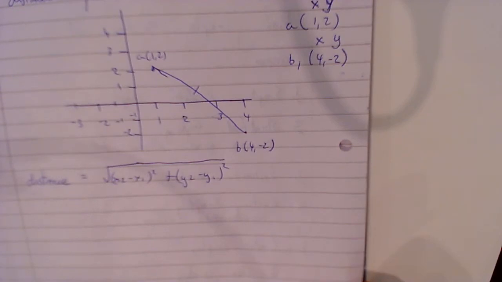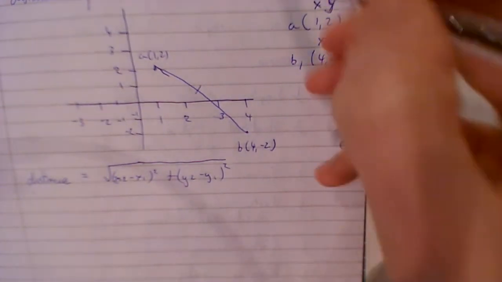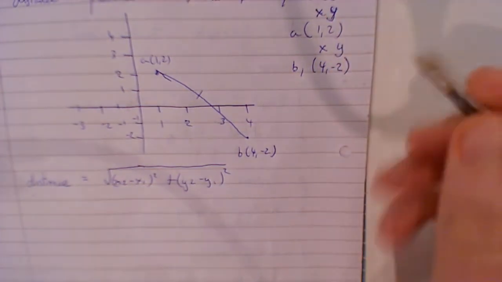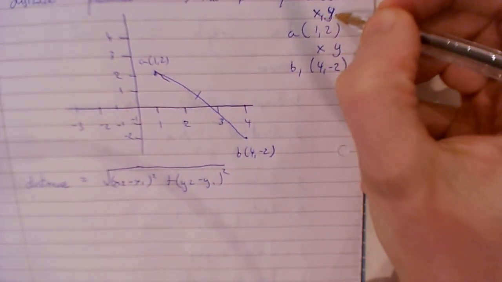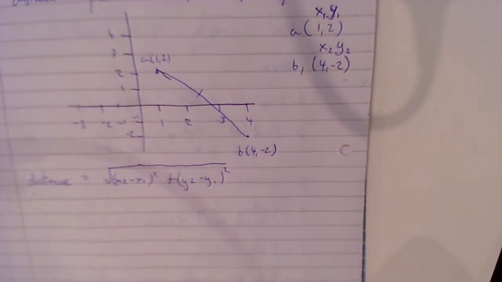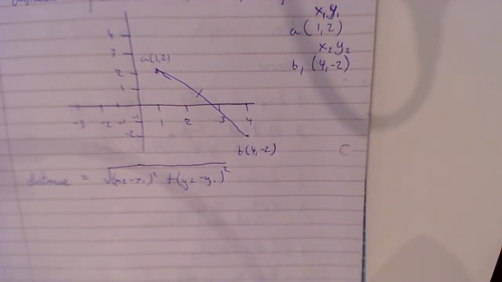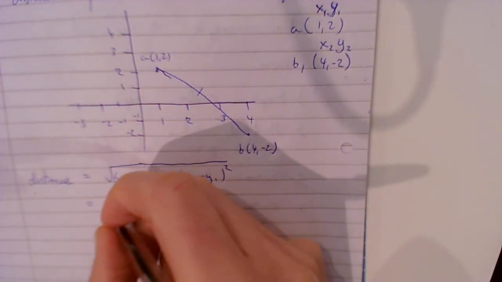Now, you're going, what is x2, x1, y2, y1? Well, we go back up to these points: x1, y1, x2, y2. That's all you've got to do. We could have done the B point as x1, y1, x2, y2. Just remember the same numbers beside each one and you get the same answer.